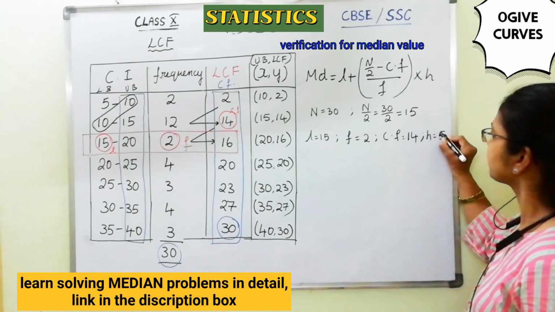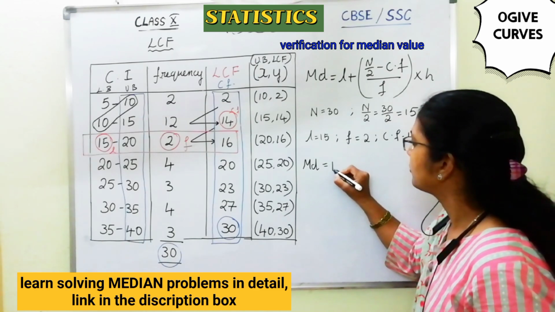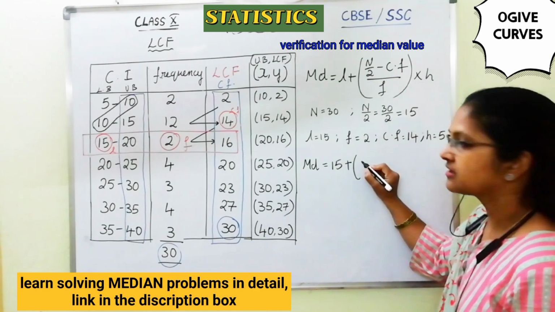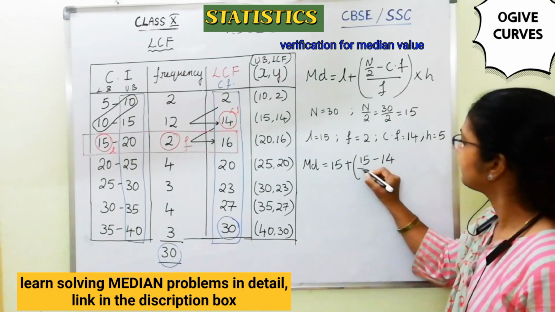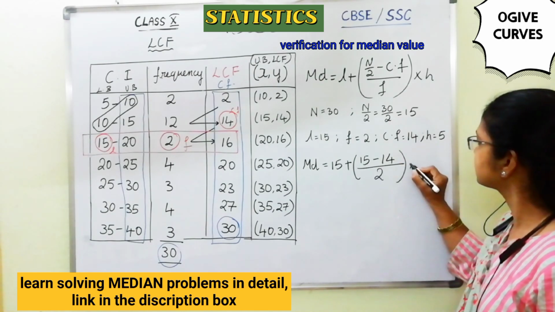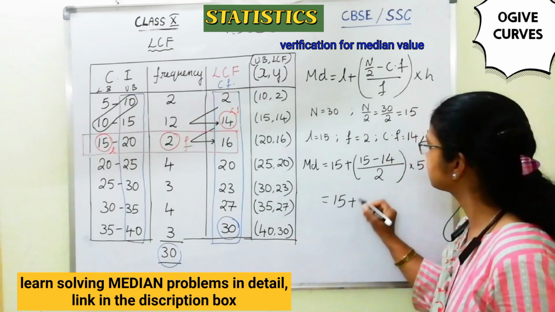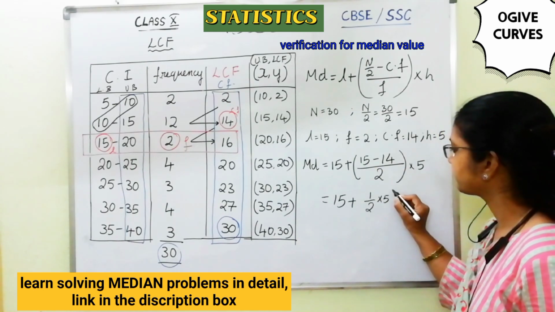to 5. Let us substitute the values. Median is equal to 15 plus n by 2, which is 15, minus 14, by F. F is 2, H is 5. So 15 plus 15 minus 14 is 1, by 2, into 5.